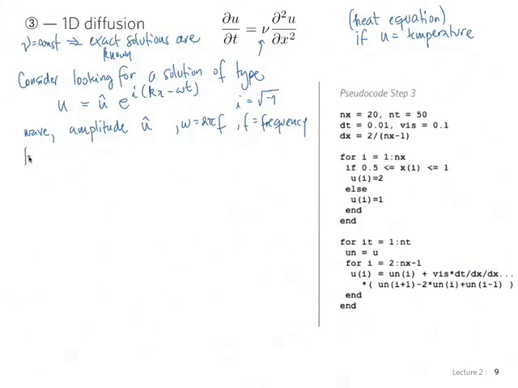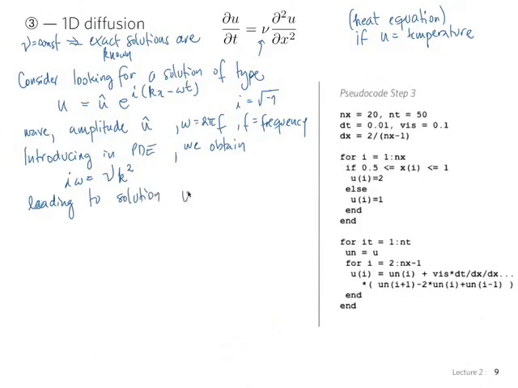After introducing that in the PDE, we obtain the relation that I omega is equal to nu k squared, which leads to the solution U is equal to U hat e to the I kx e to the minus nu k squared t.